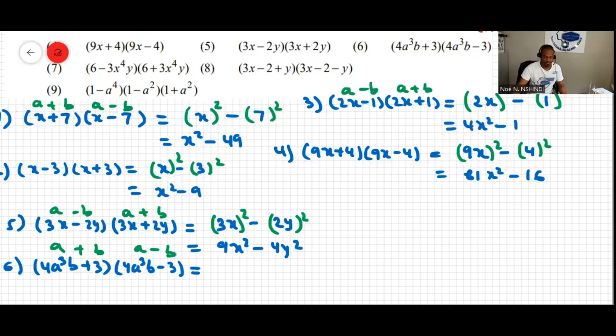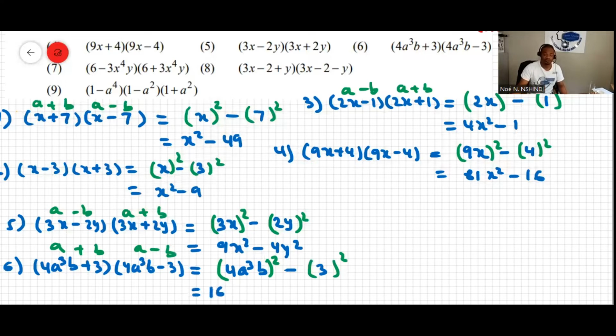Then this will be 4a cubed b minus 3. Now this will be to the power of 2, a squared minus b squared. Then applying that property, the power of 2 is for 4, that makes it 4 squared is 16.